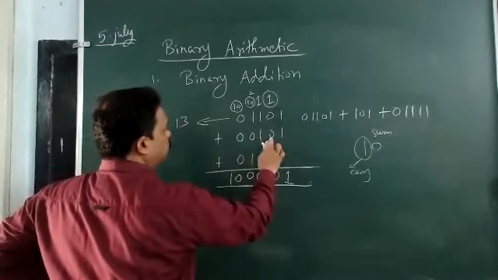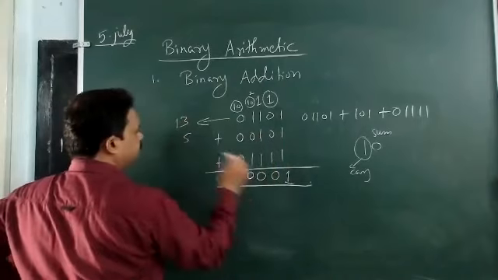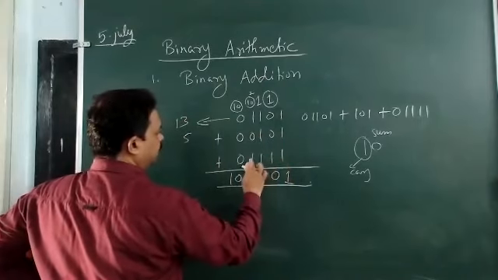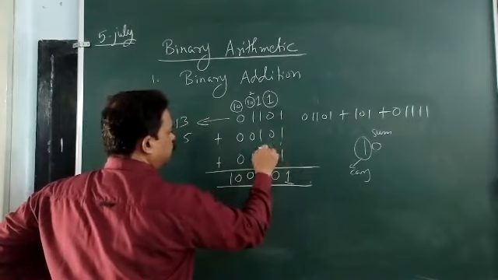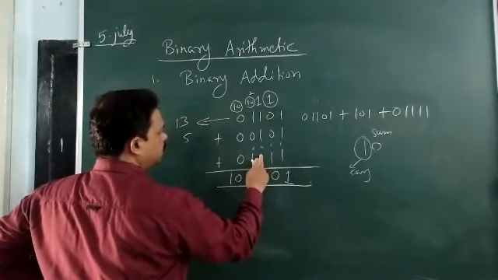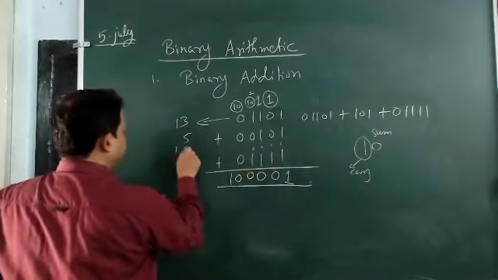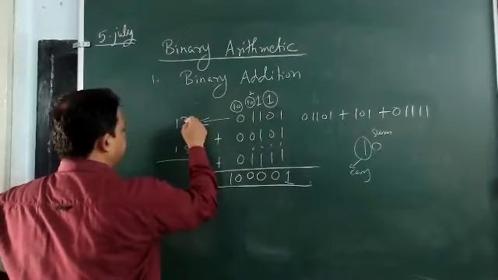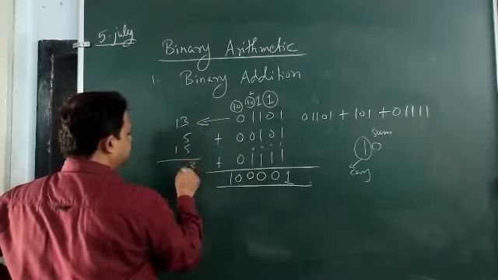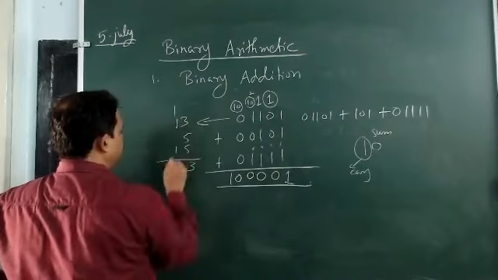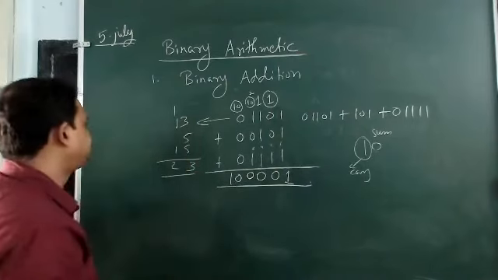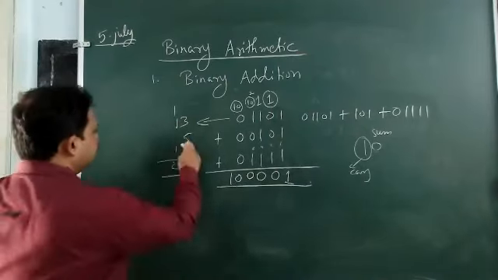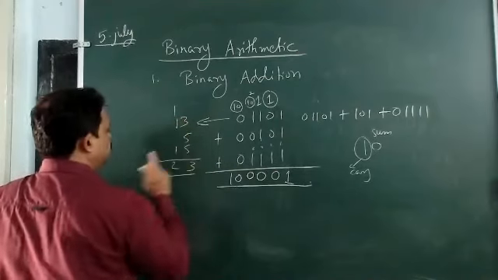Then 4 plus 1 is 5. 5 plus 5 is 10, plus 3 is 13, 3 and 1 carry, so 23.